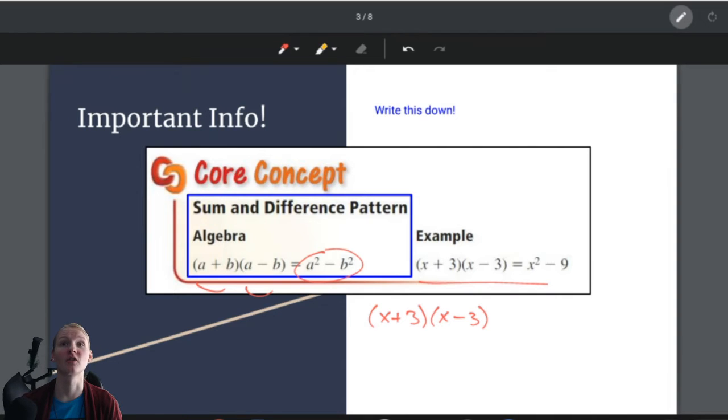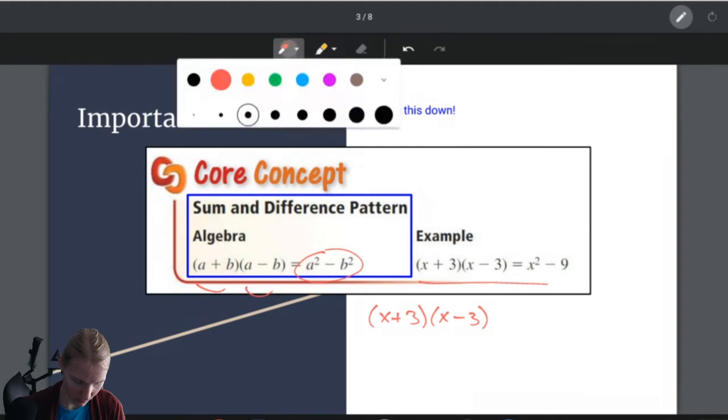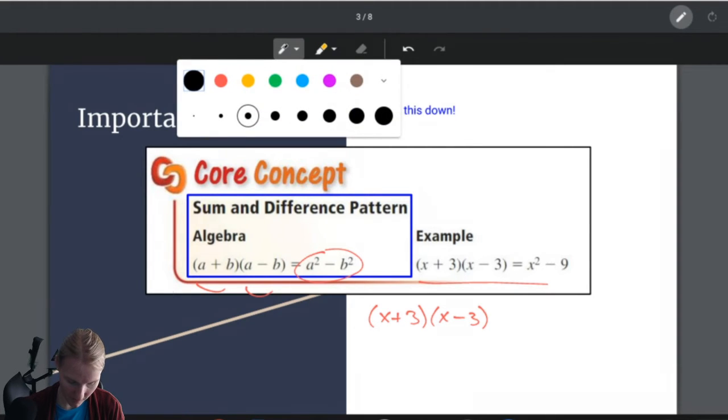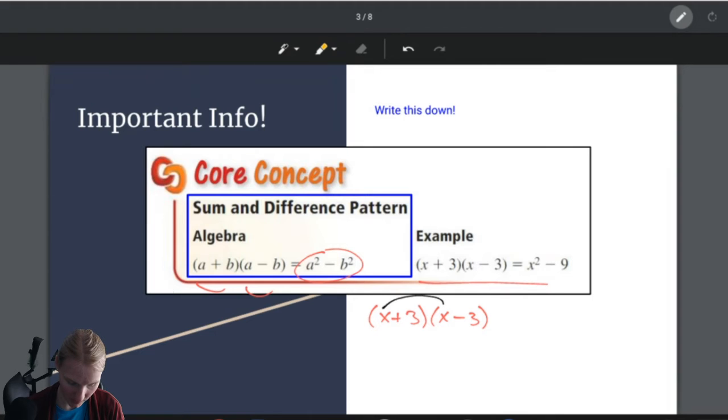What we're going to do is we're going to FOIL this bad boy. First, should we color code? First is x times x, which is x squared. Outer is x times negative 3, which is negative 3x.